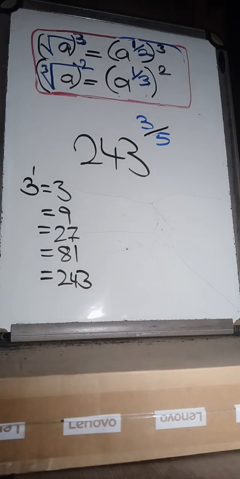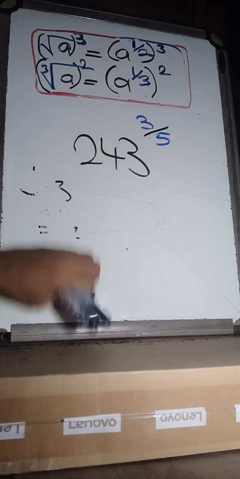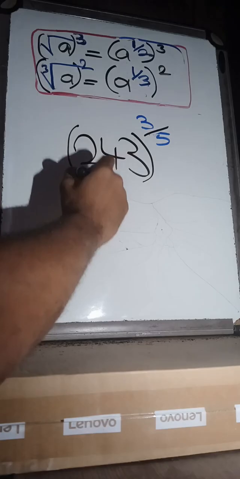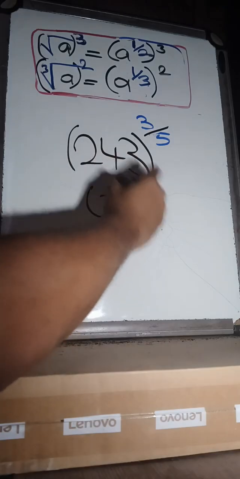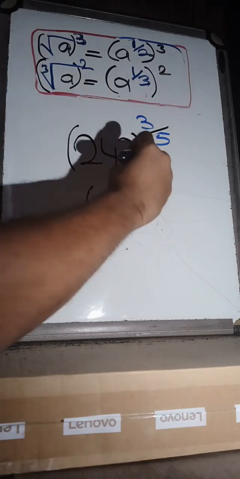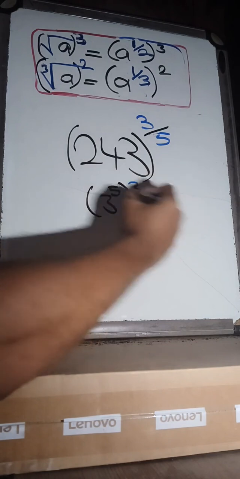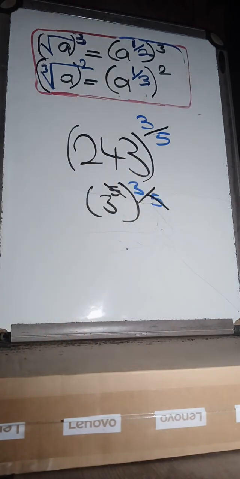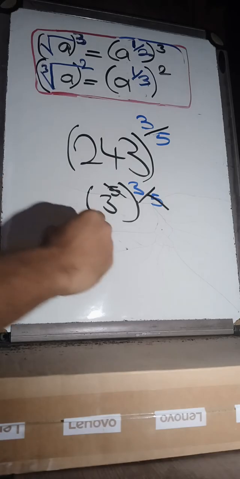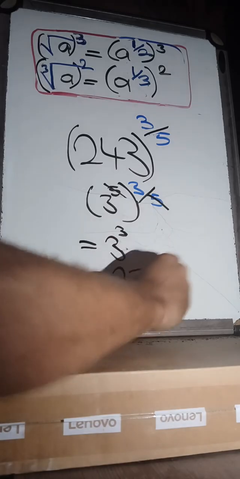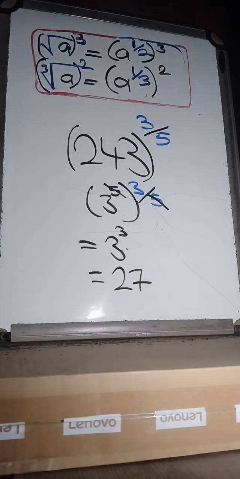Just by counting, you know what it is. 1, 2, 3, 4, 5. That is 3 to the 5. So if we were to bracket this and call this 3 to the 5, that means the 3 over 5 will not change on the outside. Alright? 3 to the 3, that is going to be 27. There you go.